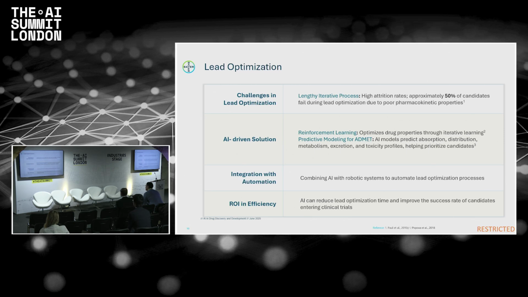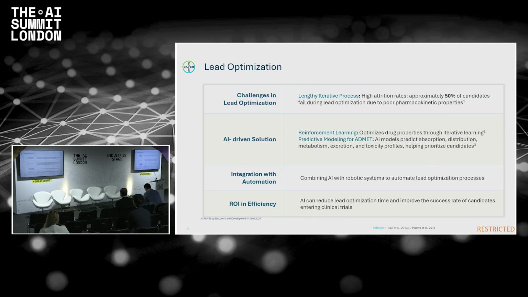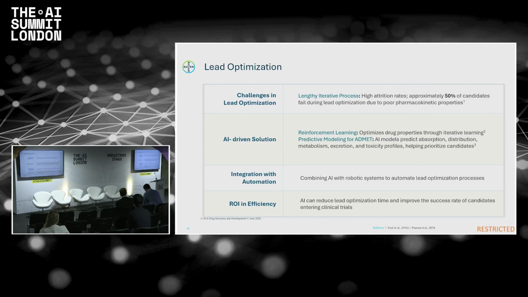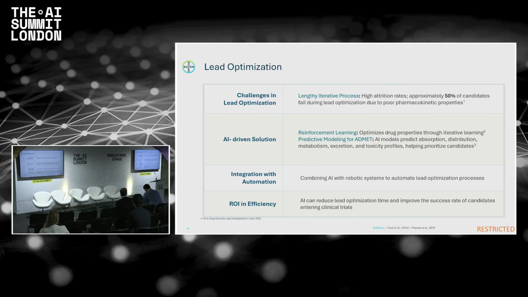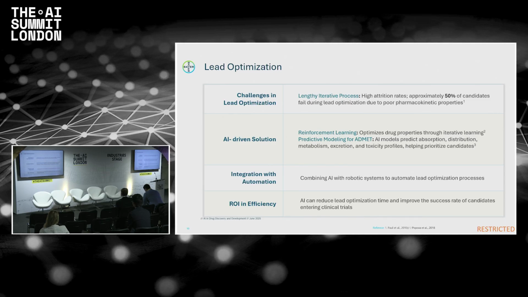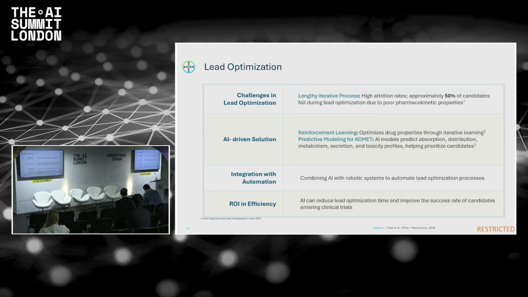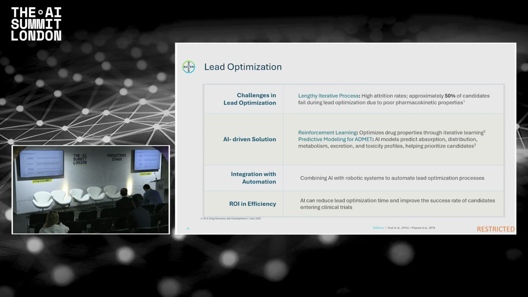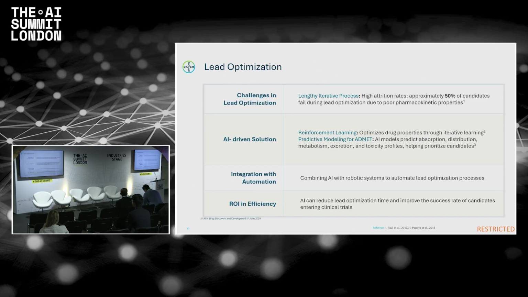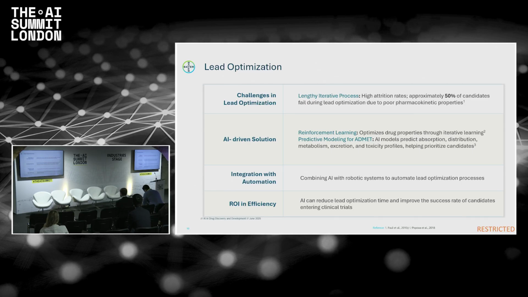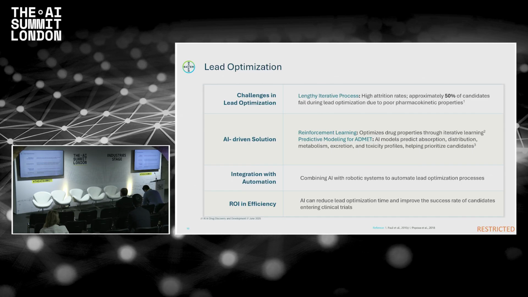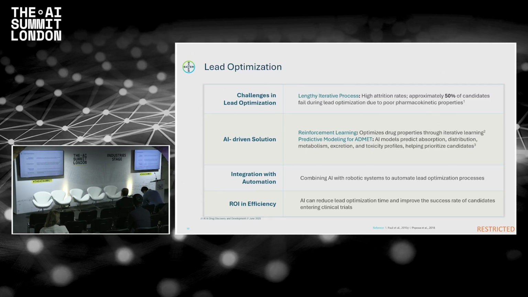Toxicology is another area where we can predict a lot with AI-driven solutions. And overall, combined with robotics, we see a lot of traction in automating the process. It's helping to reduce the lead optimization time and the cost significantly.